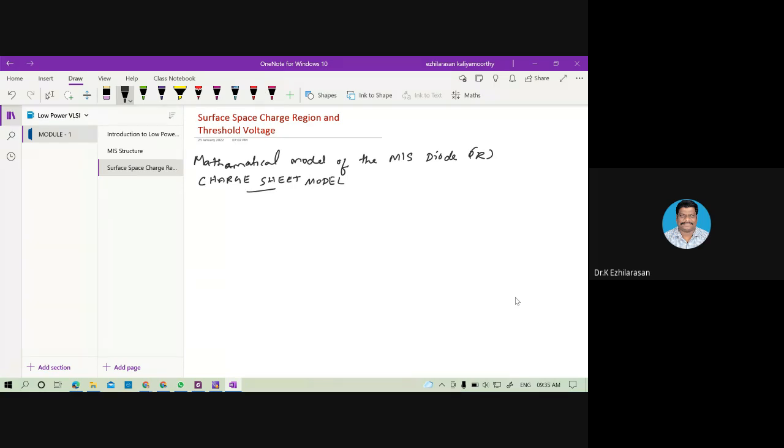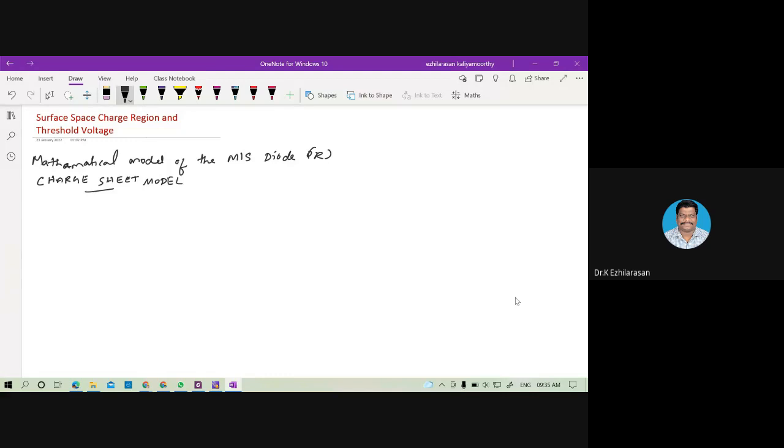Now, to start with that, let us begin with the Poisson equation. So, what is the Poisson equation?